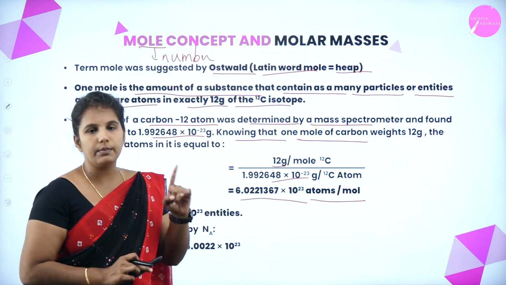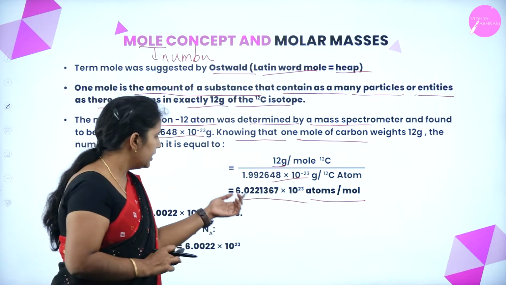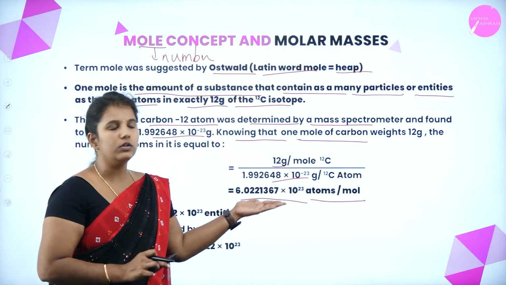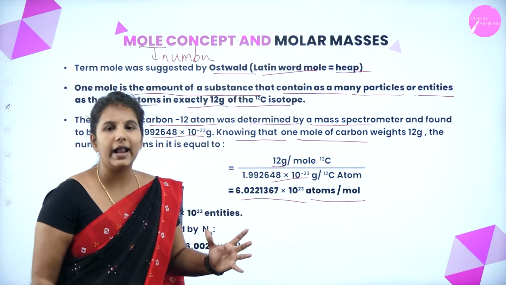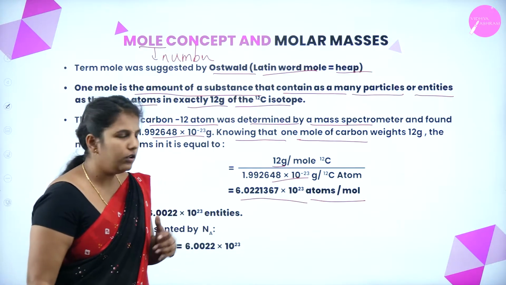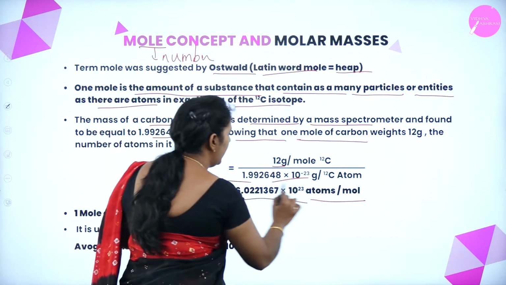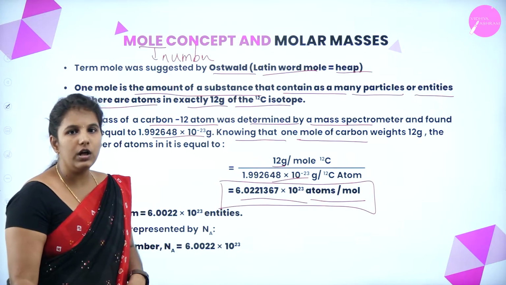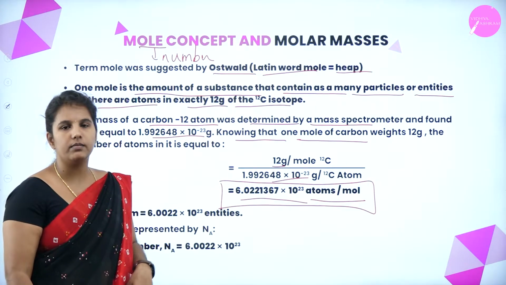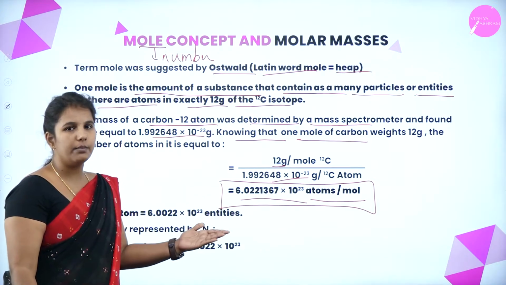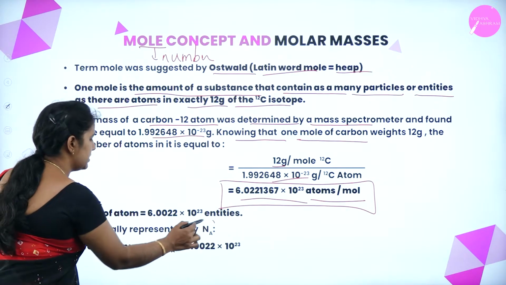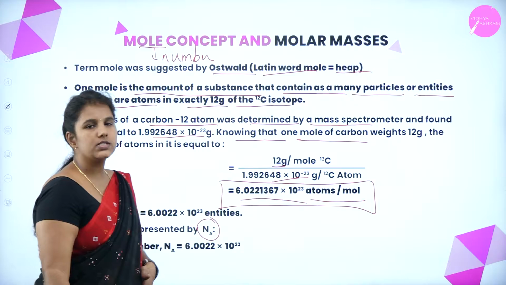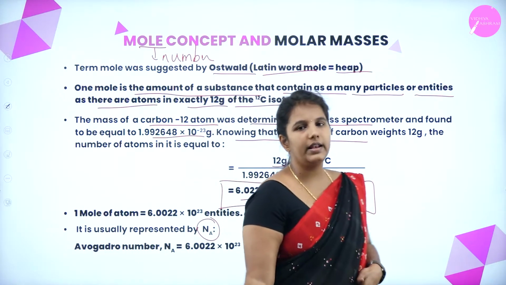So in a carbon sample of 1 mole, how many atoms will be there? 6.022 × 10^23 atoms per mole. To identify this number, they have introduced a new name called the Avogadro number, represented by the symbol Na.